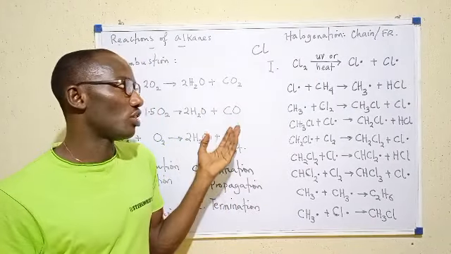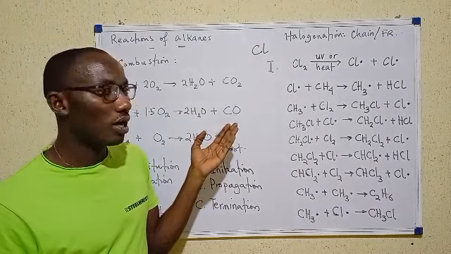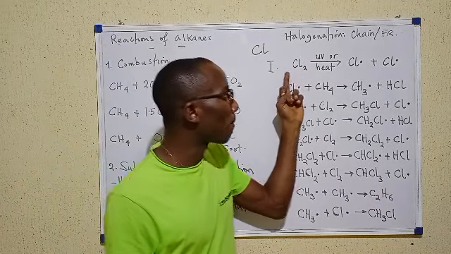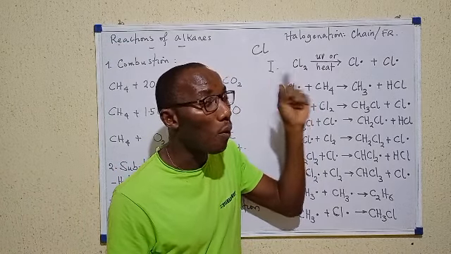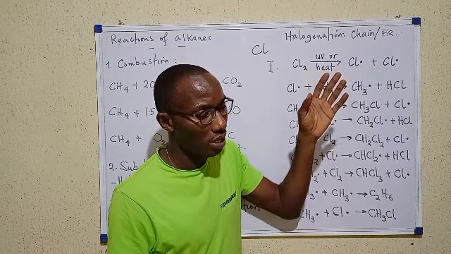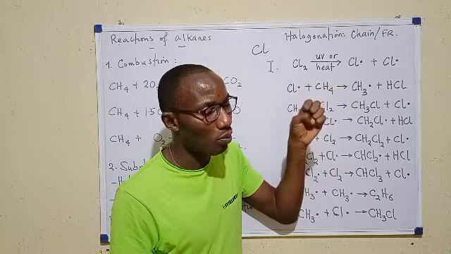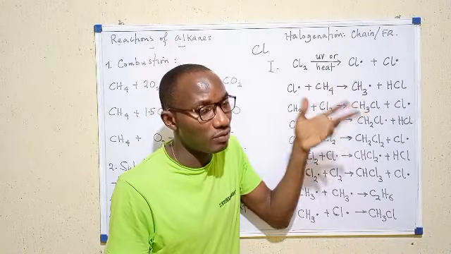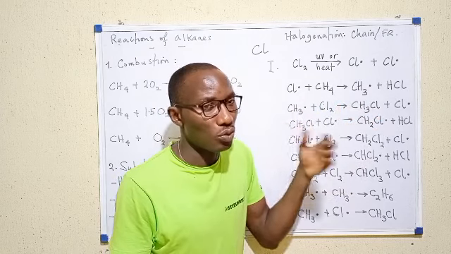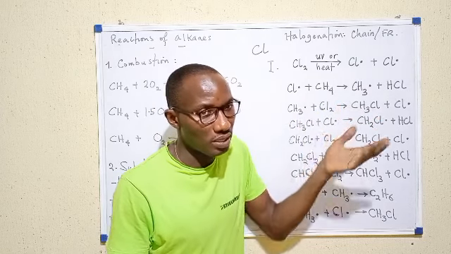So what does the initiation step involve? According to the equation, a chlorine molecule will be broken up by what we call homolytic fission. Yeah, homolytic fission or homolytic covalent bond cleavage. When a covalent bond cleaves or breaks, it could do so homolytically or heterolytically.